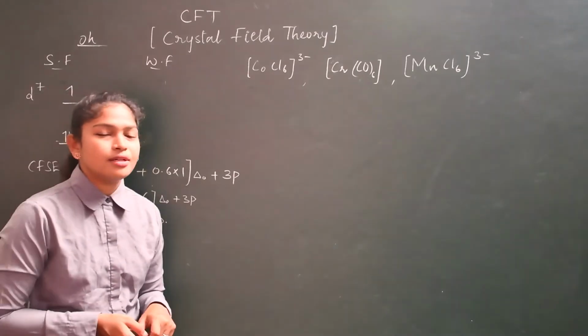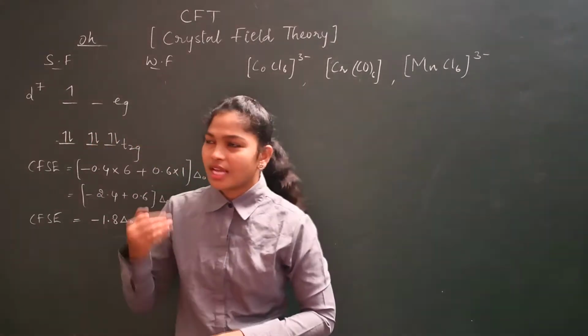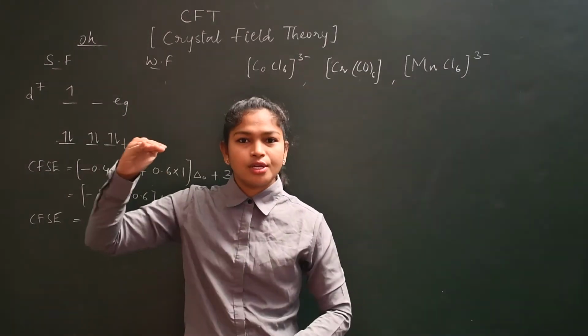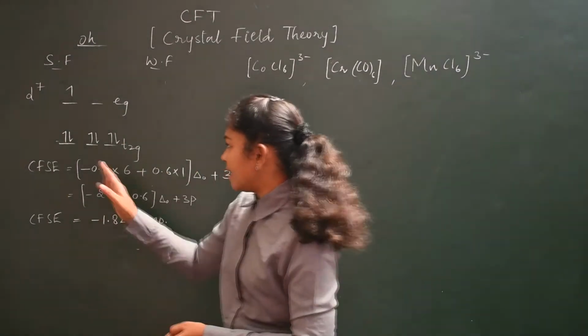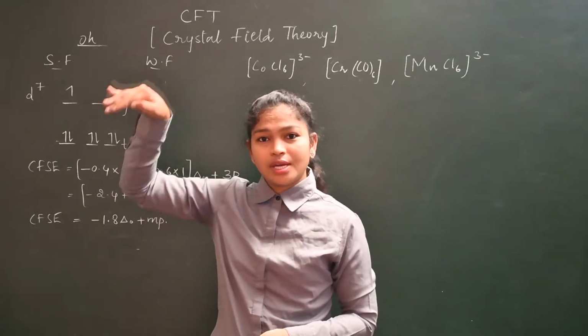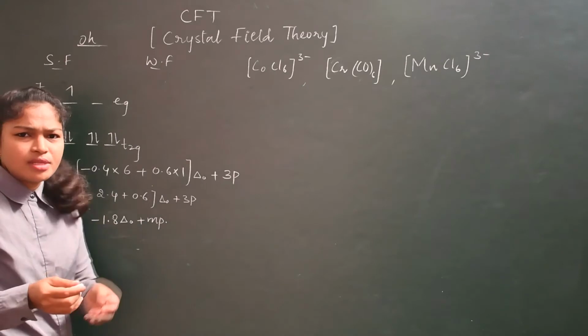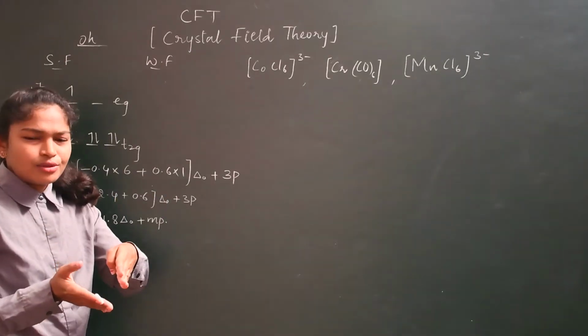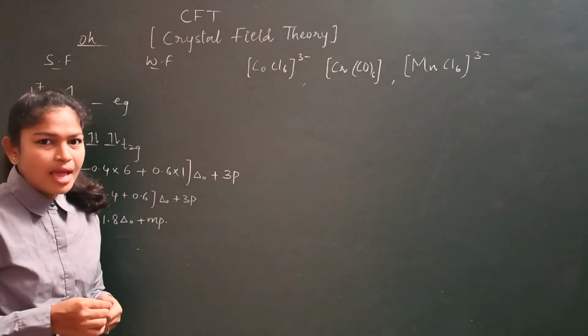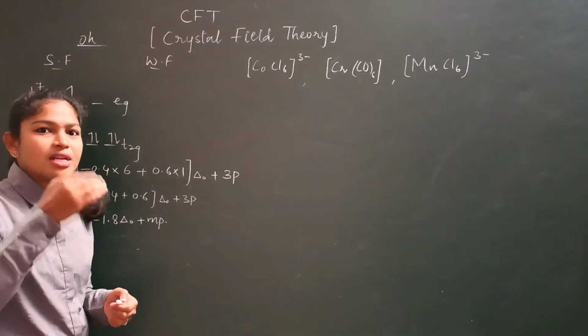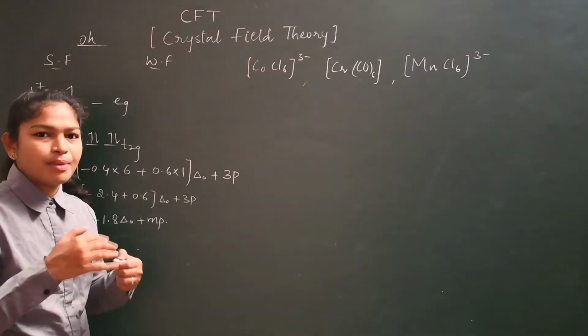So in a strong field, the energy gap between T2G and EG will be more, so pairing will be done in T2G, then it goes to EG. But in a weak field, the energy gap between EG and T2G will be less. So it follows Hund's rule, and first it fills one electron in each orbital, then it gets paired up.